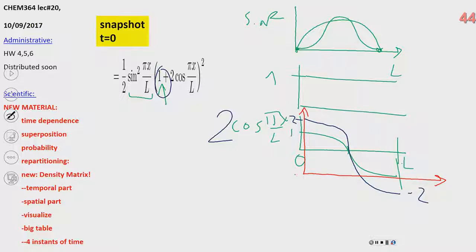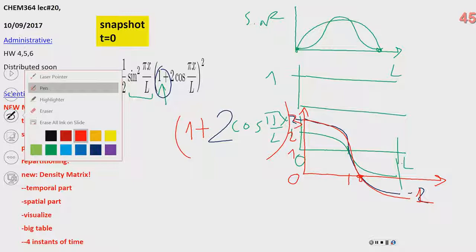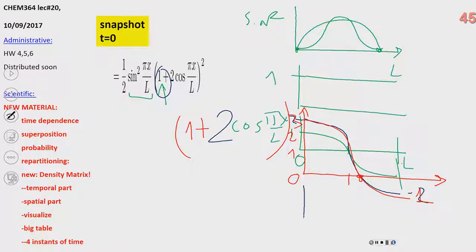So we redefine: if this will be 0, this will be 1, this will be 2, this will be 3, and this will be -1. So 1 plus 2 cosine will change from 3, then somewhere to the left from the middle point, to the right from the middle point, it will intersect 0, and then it will end at -1, right? What is the square of this function? 3 squared.